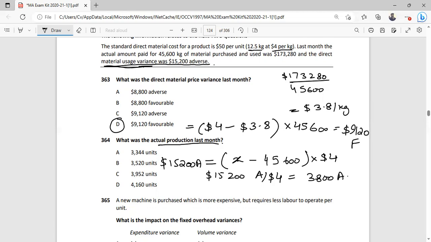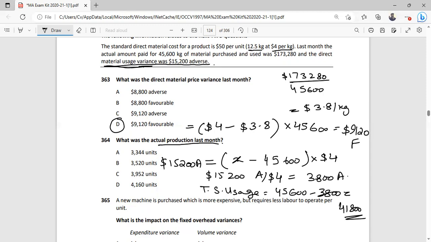3,800 adverse means our actual usage is 3,800 more than the standard usage. So we can say total standard usage is equal to 45,600 minus 3,800. 41,800 is the total standard usage.